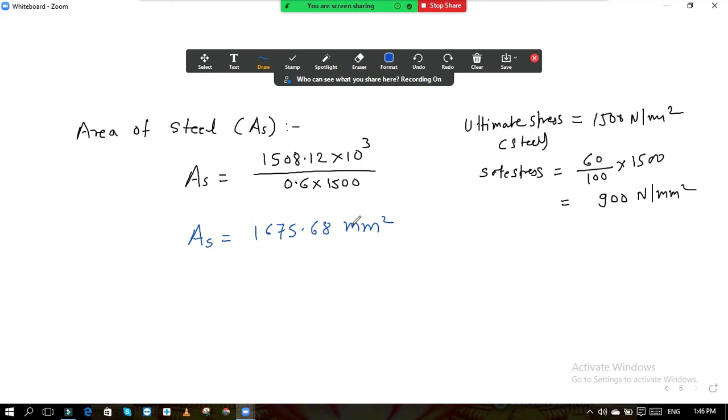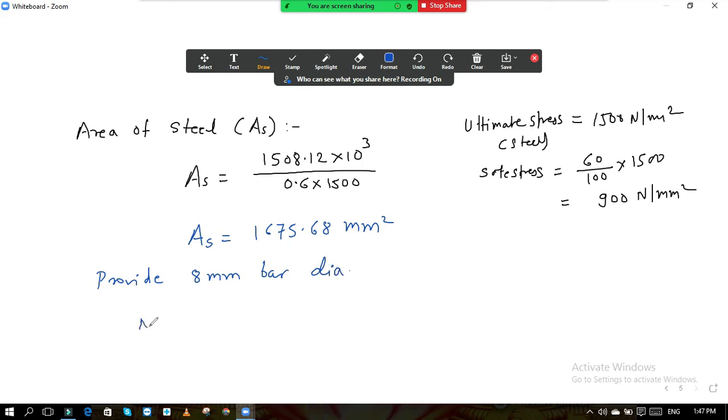Now we will provide 8 mm bar diameter, or 8 mm wire.